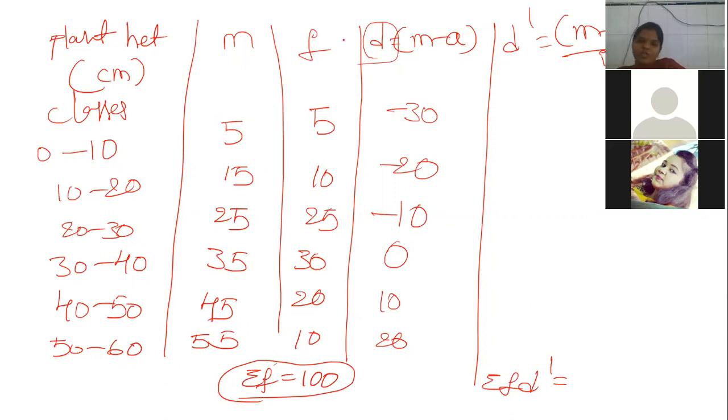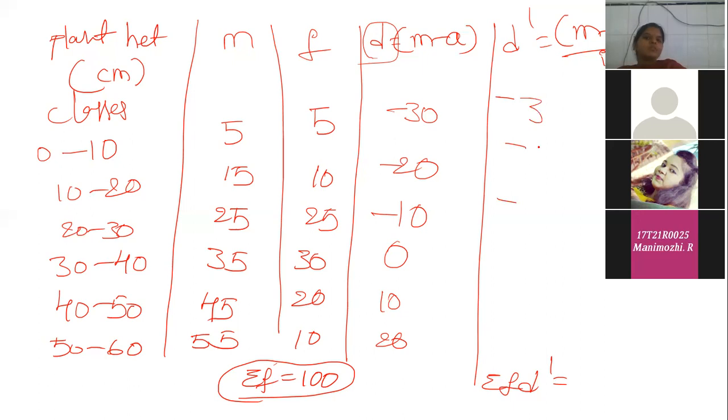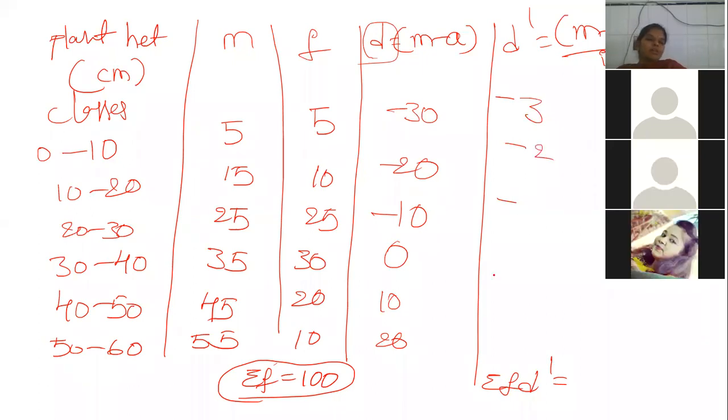First one is how much here? These three values will be minuses. Minus 3, minus 2, minus 1, next 0, next 1, 2. Next f d dash values.